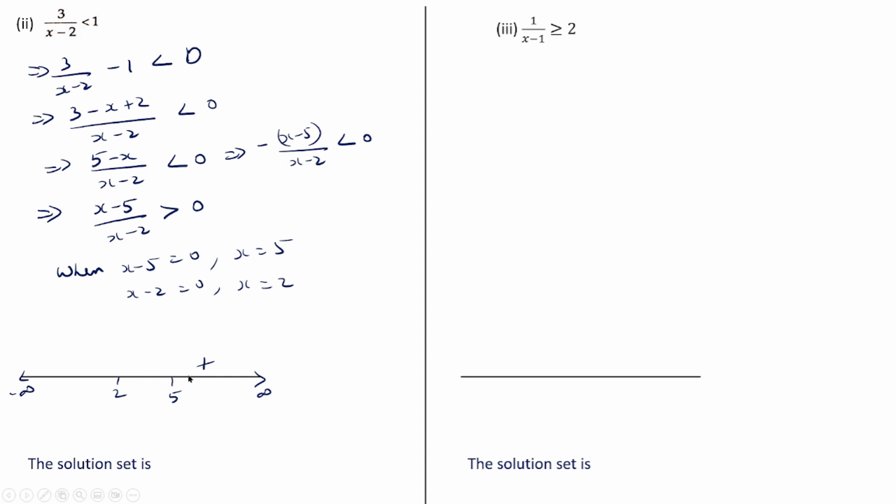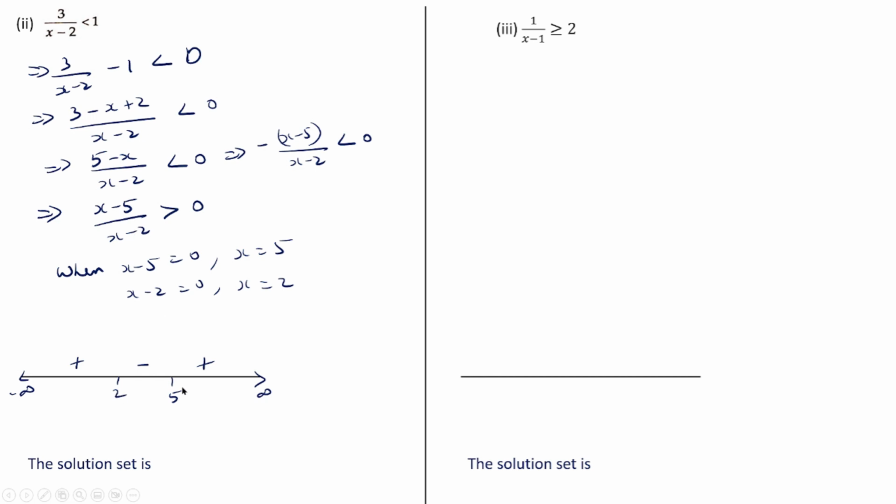Say if we take any number 6 and check. So here if you put 6 minus 5 by 6 minus 2, it is positive. And then the sign will change after this. It is negative. Again it will change in the next interval, it is positive. So if we consider this interval 2 to 5, if we check any point, say 3, then 3 minus 5 by 3 minus 2, it is minus 2 by 1, which is less than 0.